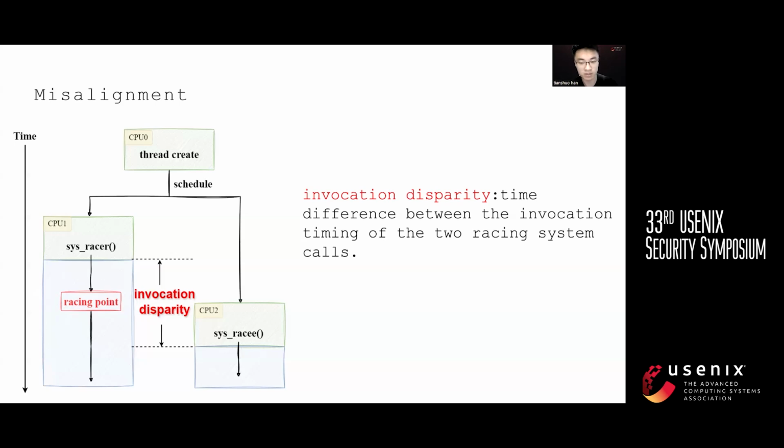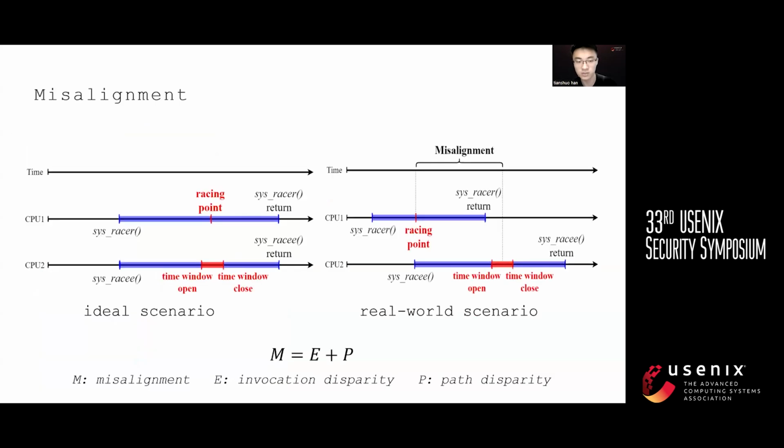And this time difference can also cause the racing point to fall outside of the time window. We refer to this time difference as the invocation disparity. So putting it together, we can see that the combined effect of path disparity and invocation disparity can cause the racing point to fall outside of the time window.